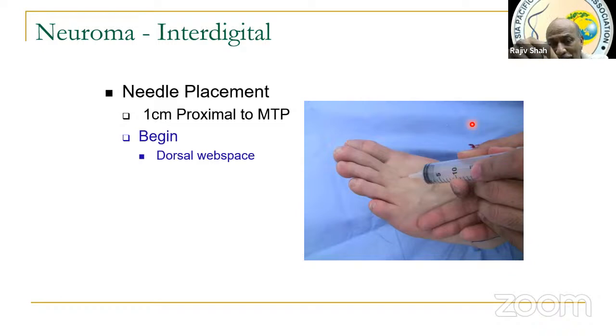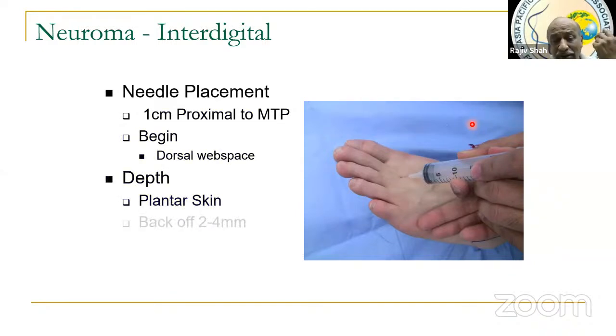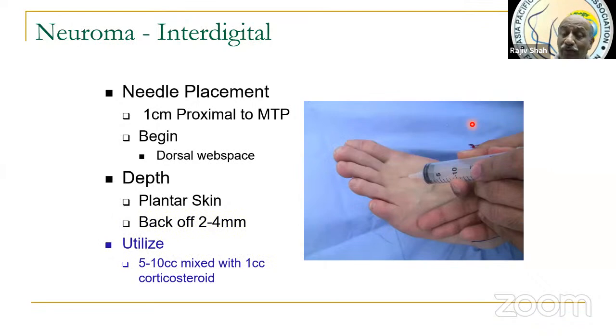That needle is now touching the plantar skin, and then you withdraw the needle about 3 to 4 millimeters and then inject, and that is what is going to block the interdigital neuroma. So around 5 cc of the mixture. What I do is I take 1 ml of Kenacort plus 2 ml of Xylocaine plus 2 ml of Sensorcaine. That is what I use.